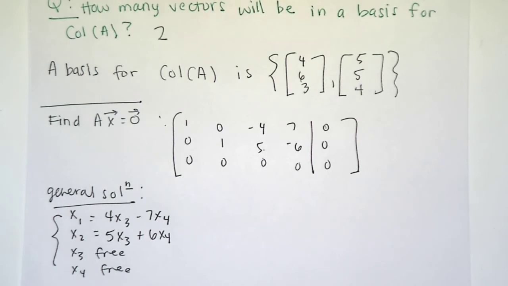All right, now I'm actually going to write this in parametric vector form because it makes it easier to write out the null space.